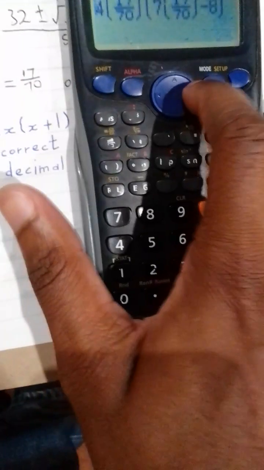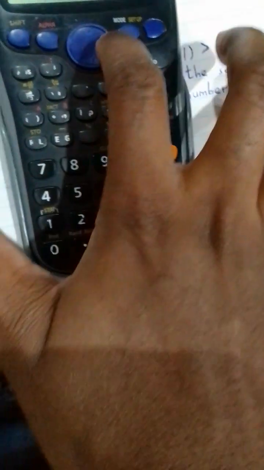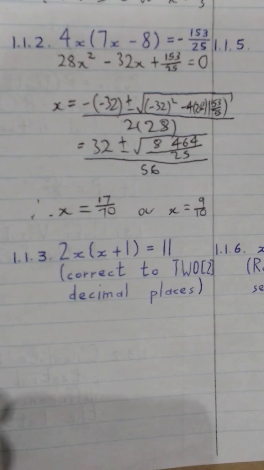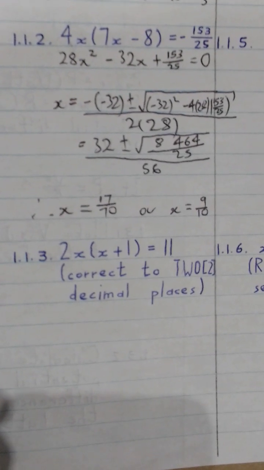Now let's use 9 over 10. Negative 153 over 25. So both solutions are correct. I hope that is clear and I hope that makes sense.